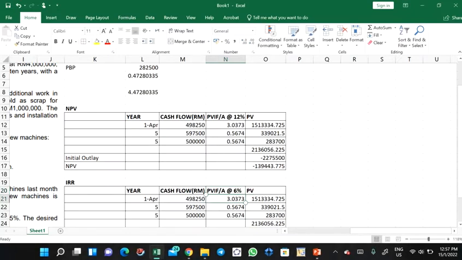By referring to the PVIFA table, now look at 6%. We have 3.4651. And then by referring to the PVIF table at 6%, we look at 0.7473.